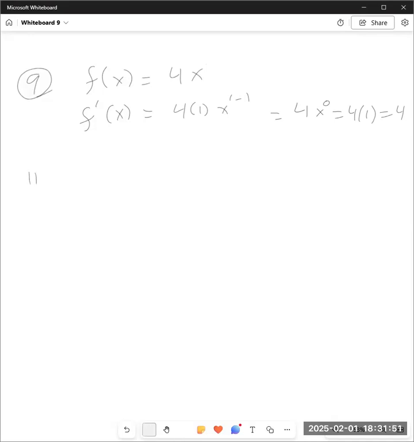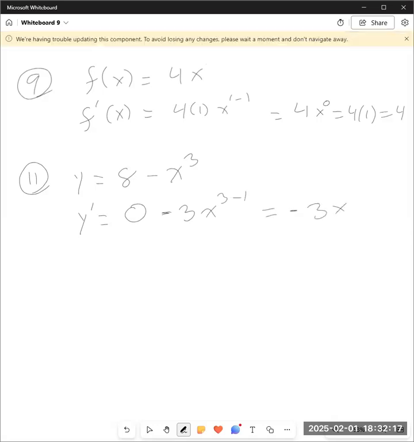Number 11, y is equal to 8 minus x to the 3rd. So y prime is going to be the derivative of 8 is 0 minus the derivative of x cubed is 3x to the 3 minus 1, so negative 3x to the 2nd.